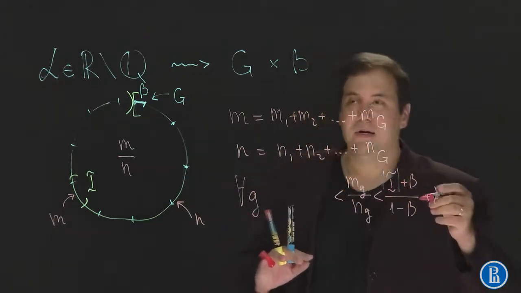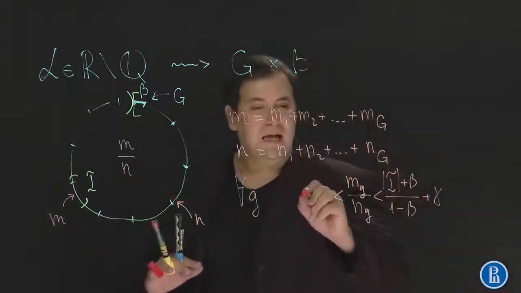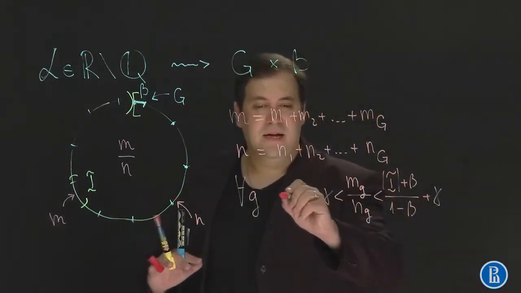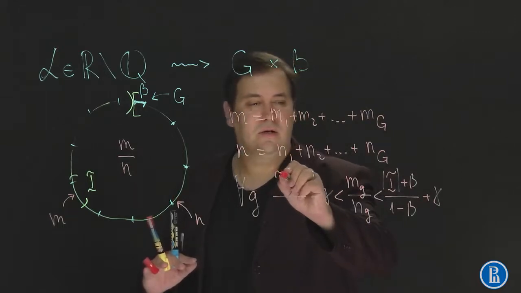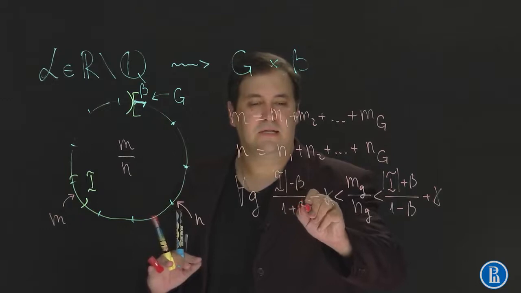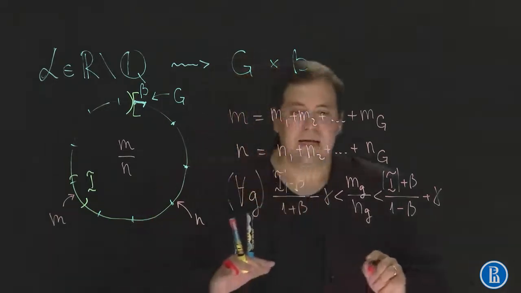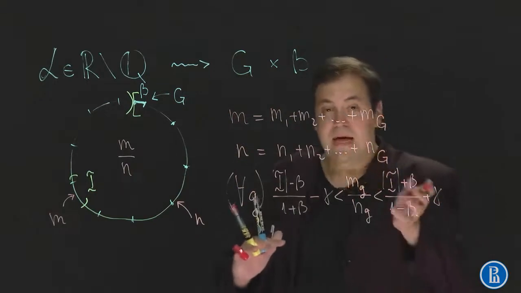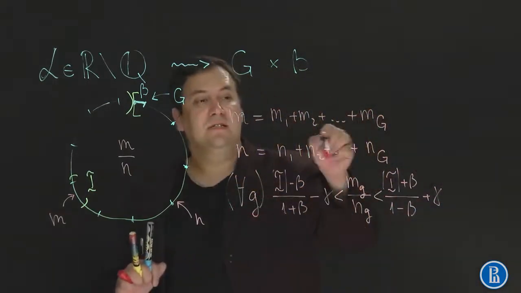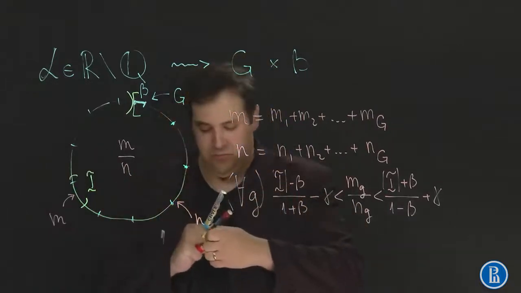Beta and gamma, well, beta is introduced here and gamma was introduced in the previous fragment, and greater than the fraction (length of I minus beta) over (1 plus beta), let me put this into brackets, minus gamma. So this holds for each of these personalities of our original grasshopper.